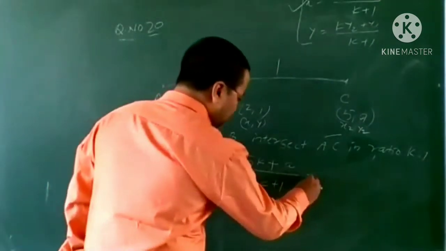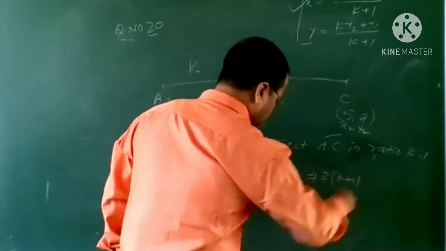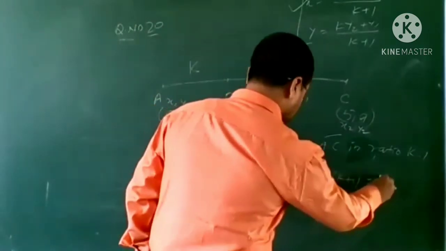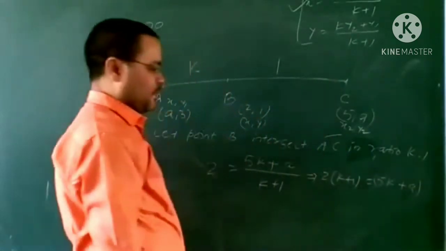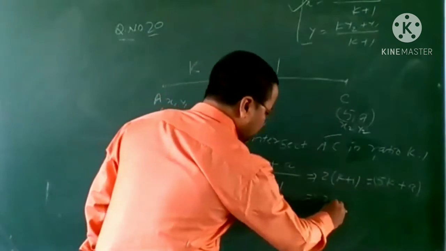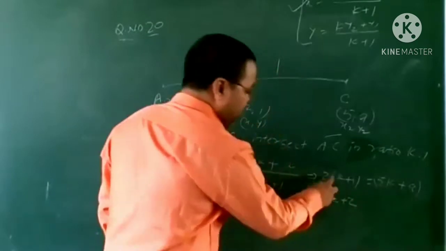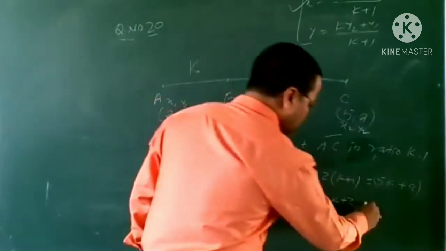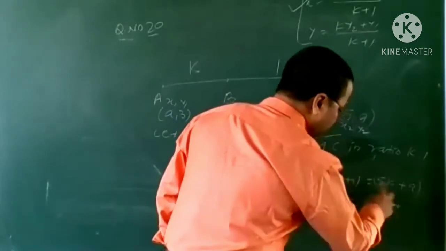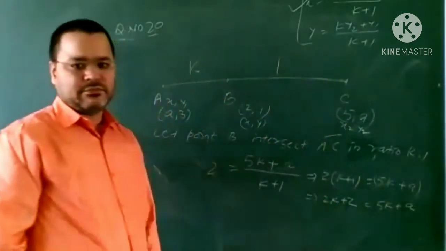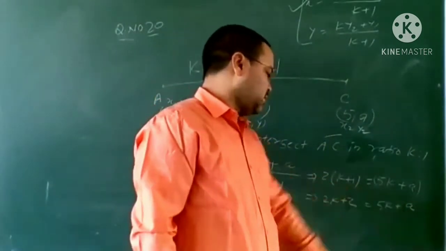Now transfer to this side: 2(k plus 1) is equal to 5k plus a. So 2k plus 2 is equal to 5k plus a. Okay, simple mathematics.